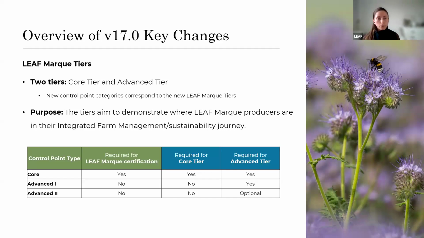Advanced 1 control points are not required for LeafMark certification. They are not required for the core tier, but they are required for the advanced tier. Advanced 2 control points are not required for certification. They are not required for the core tier, and they are optional for the advanced tier.